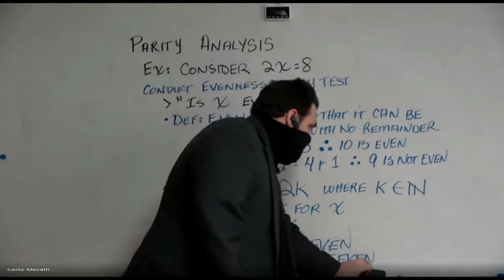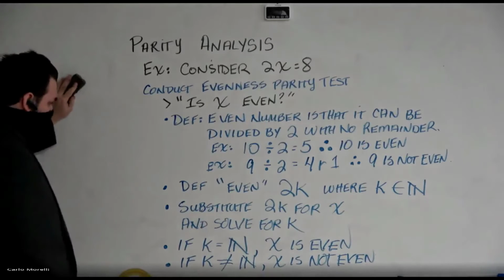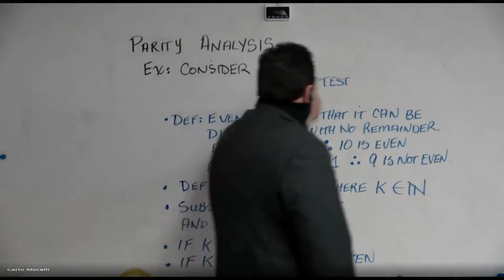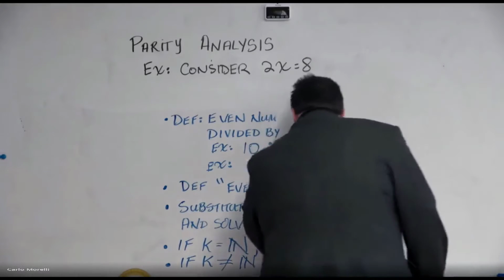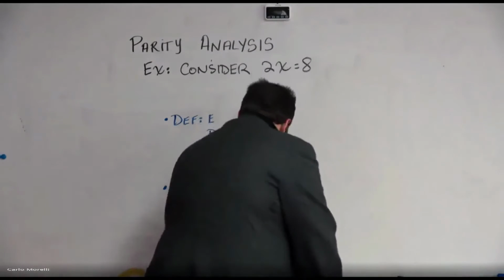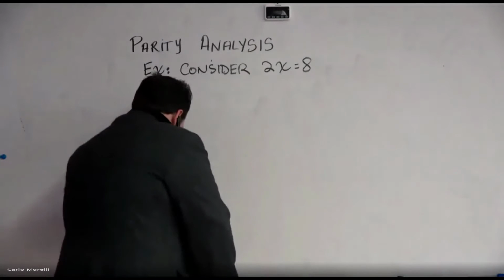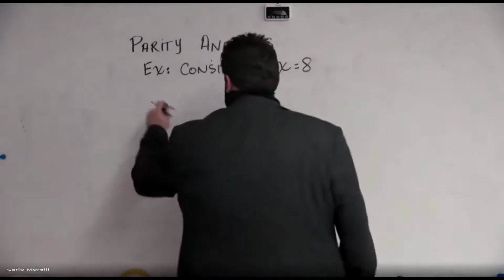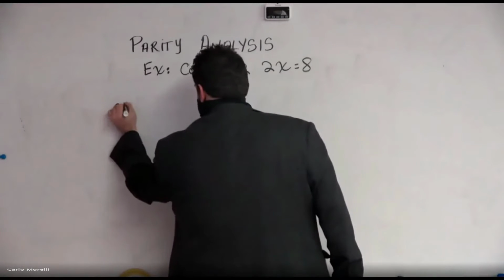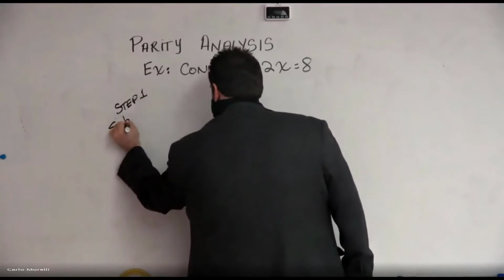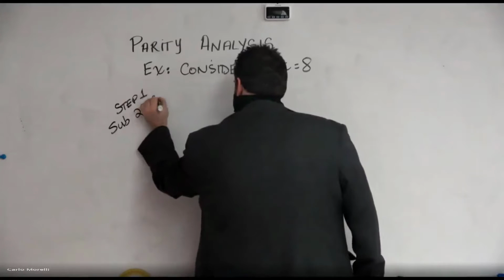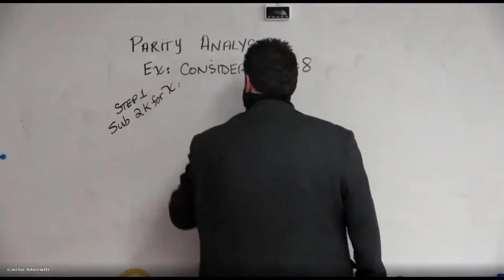Now we can just apply this test. Now we get to do something. We had to get all that out of the way so we could do something. Let's do it. So step one. Substitute 2k for x.